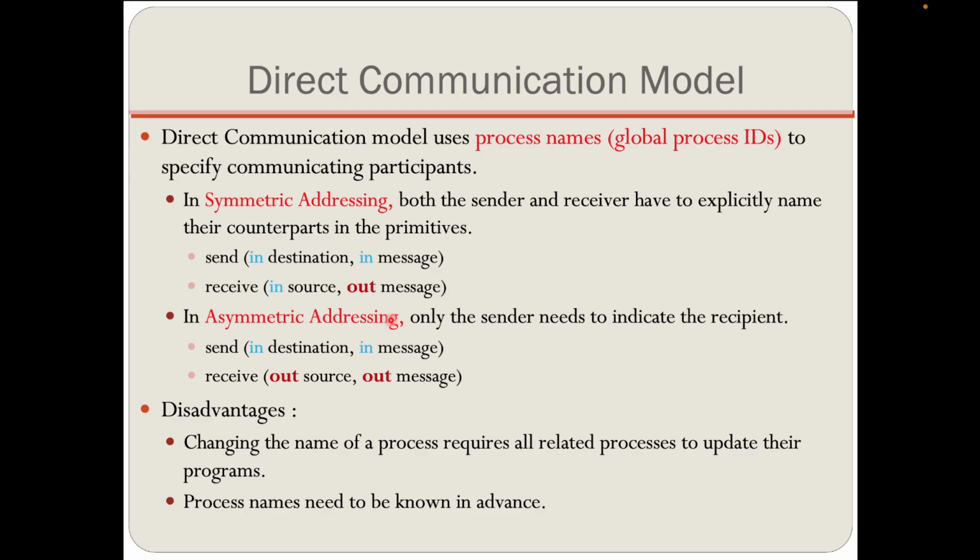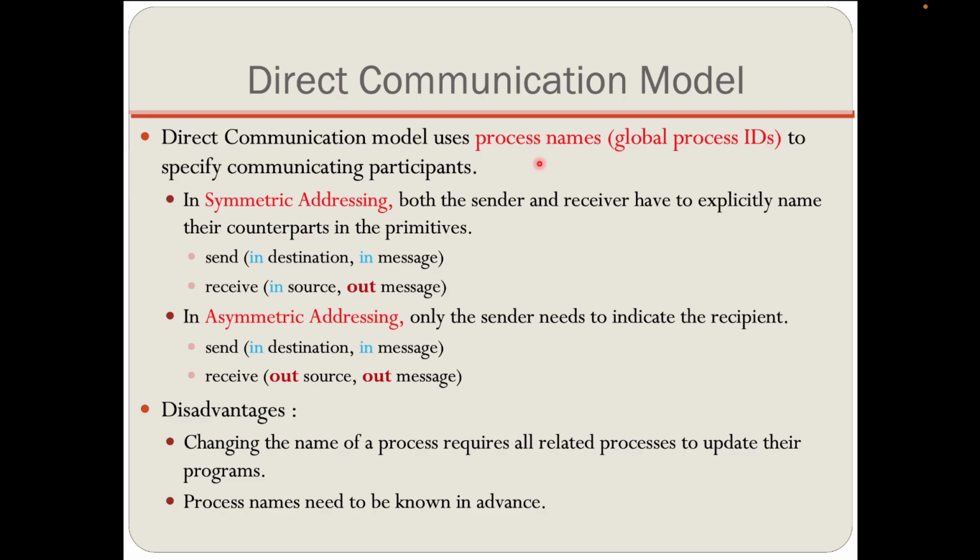One is what we call the direct communication model. In this direct communication model, it usually means that the sender and receiver need to specify each other during the communication. They need to know their counterparts in advance.